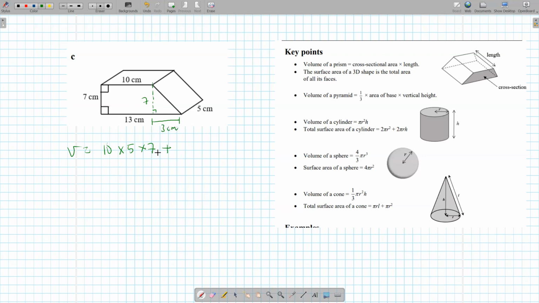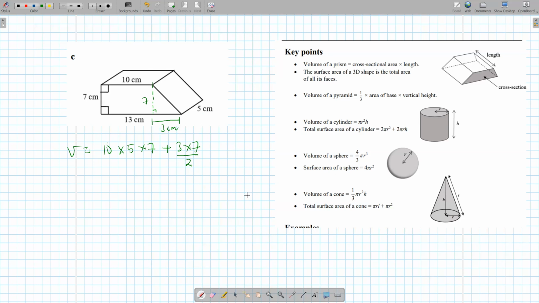So how do we find the volume of that triangular prism? You multiply those and put it over 2. Yes, so 3 times 7 over 2, that's the base area. Base times height divided by 2.